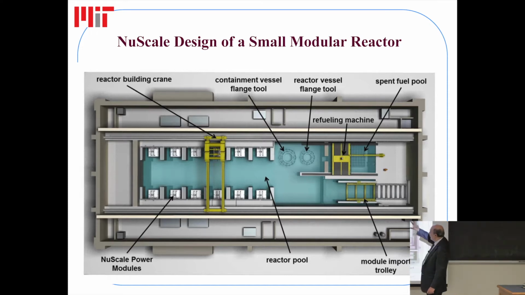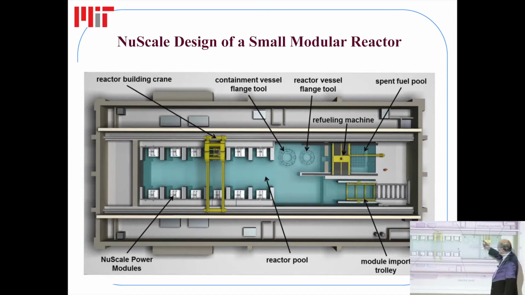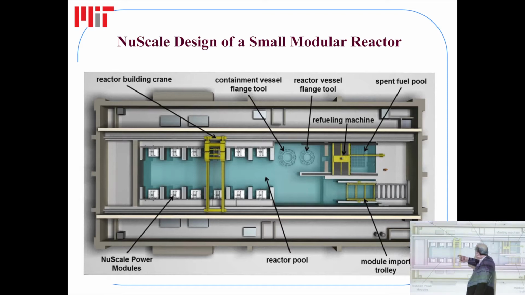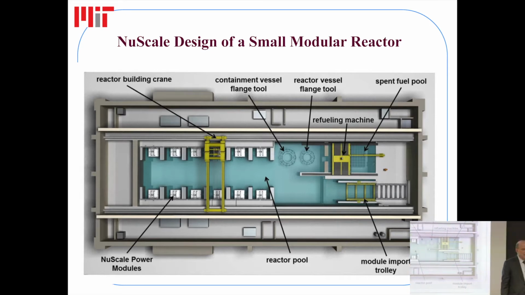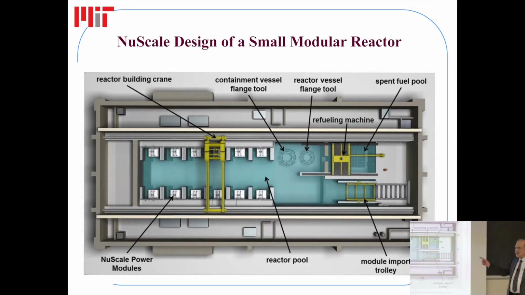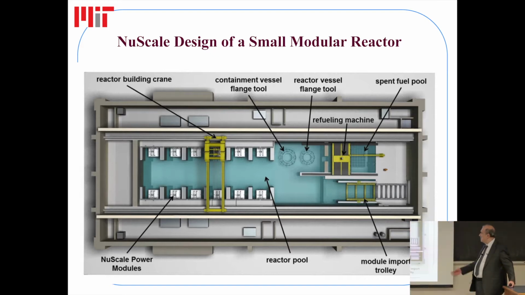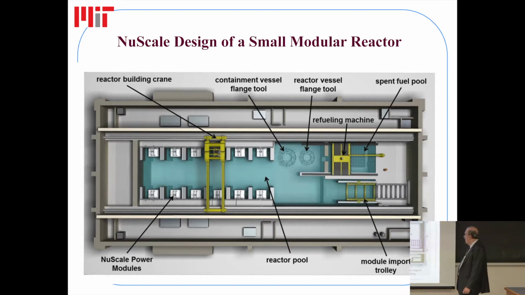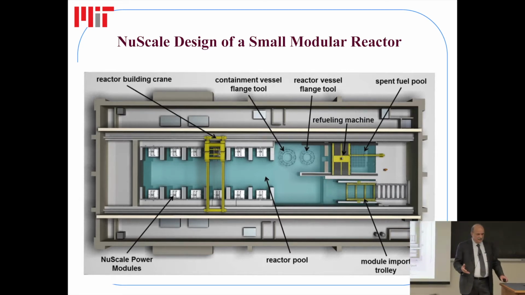This is an overview from above of the reactor. You have this pool here full of water, and you have the reactor modules, 6 on each side, if the utility wants, to come up with. Each module is 50 megawatt electric. So the total can be 600. This is a very different design from what we have licensed so far, right?